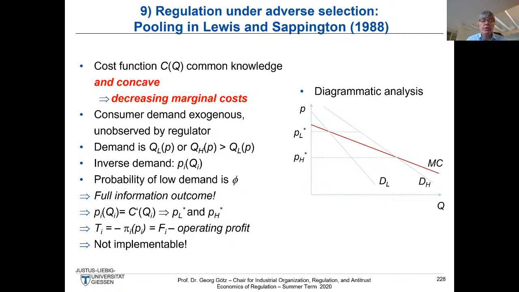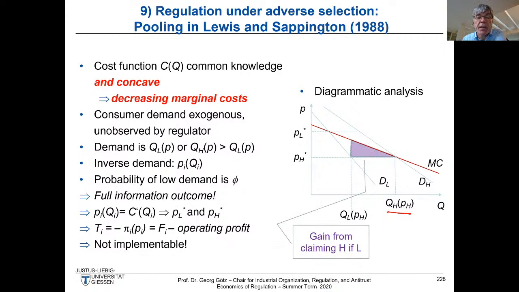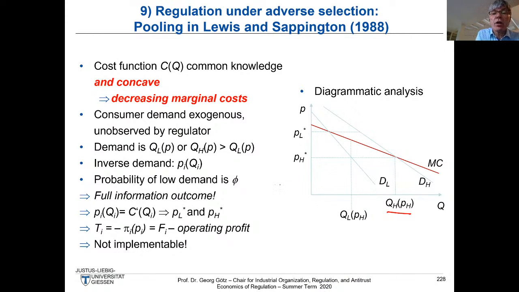Now, the next point is, if we look at the high type, would the low type have an incentive to deviate from this here? If you know you are a high type, the contract would say, this is your revenue with the high type, and your cost is just all the area below the marginal cost curve. So what you would get is just a transfer this high plus a fixed cost.